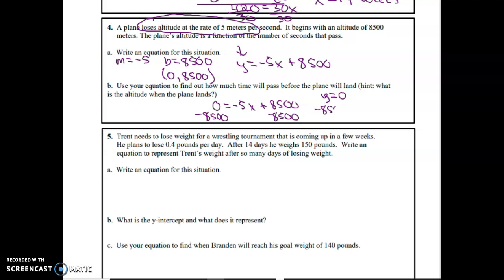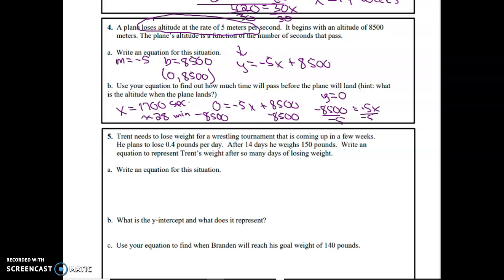So 8,500 divided by -5, my answer is going to be 8,500 divided by 5, 1,700 seconds. And you can always turn that into minutes, okay, by dividing by 60. So it's going to take a little over 28 minutes.